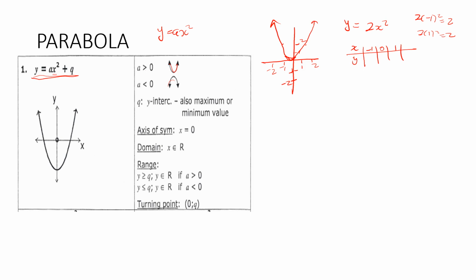Now suppose the y is negative, minus 2x squared. So let's use this curve, minus 2x squared. Now let's put the values.